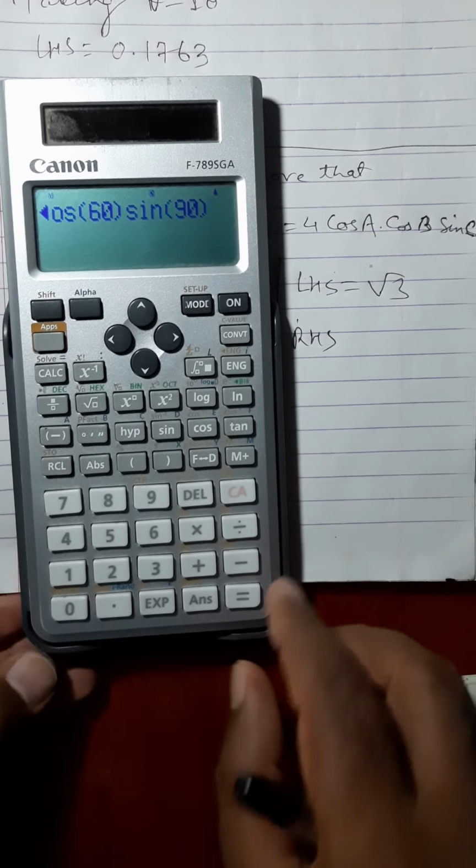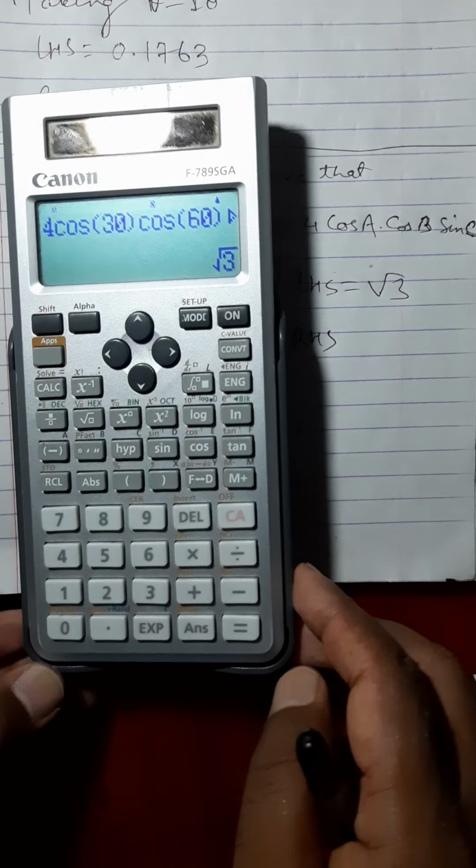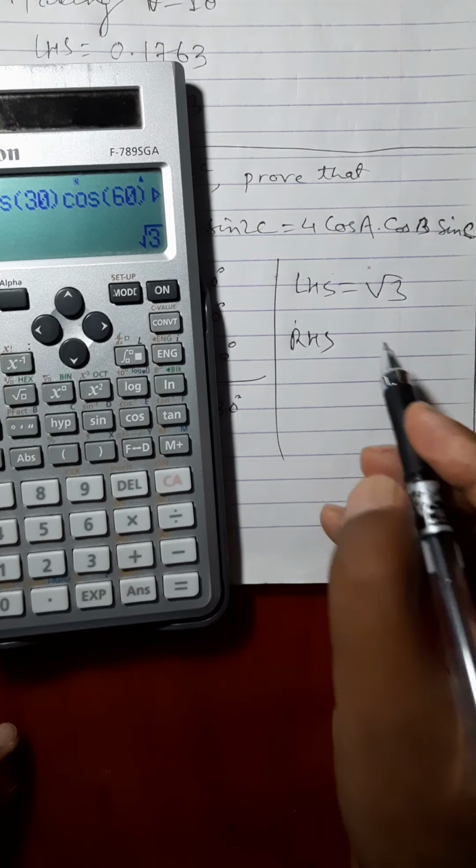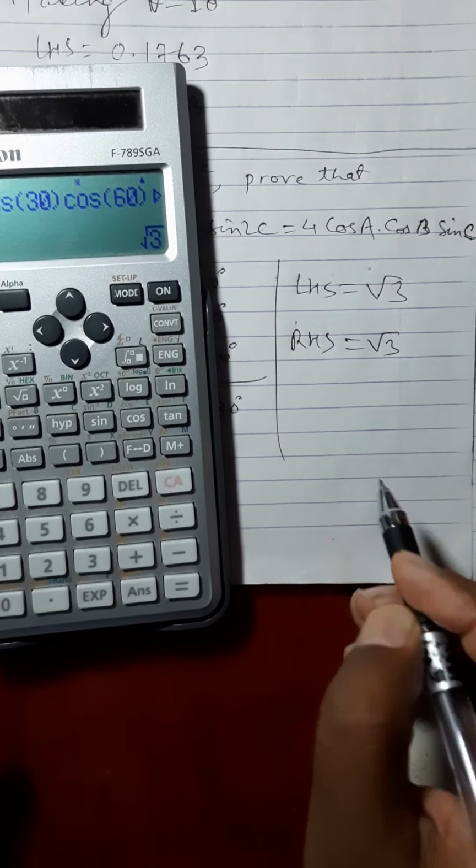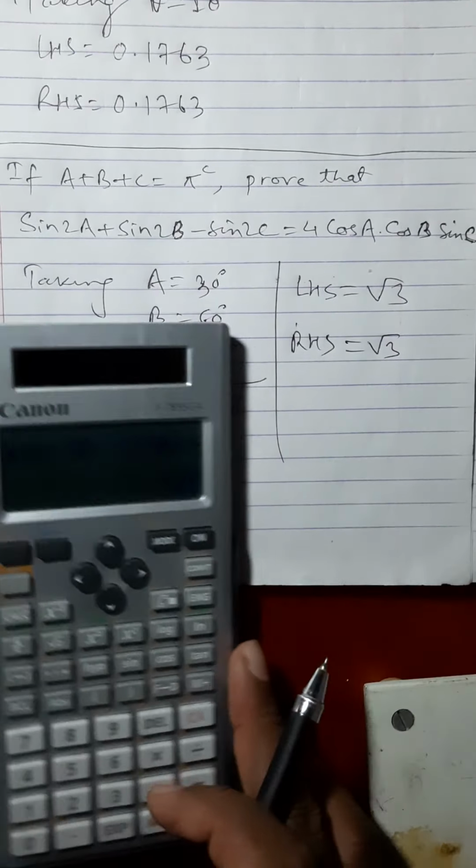And you can press equal to, and from the RHS also we have got the value root 3. That means our question is correct.